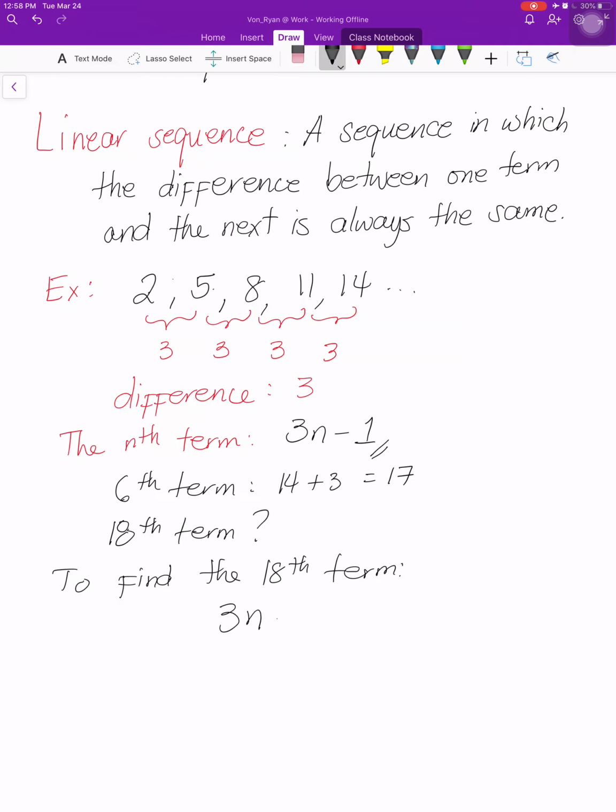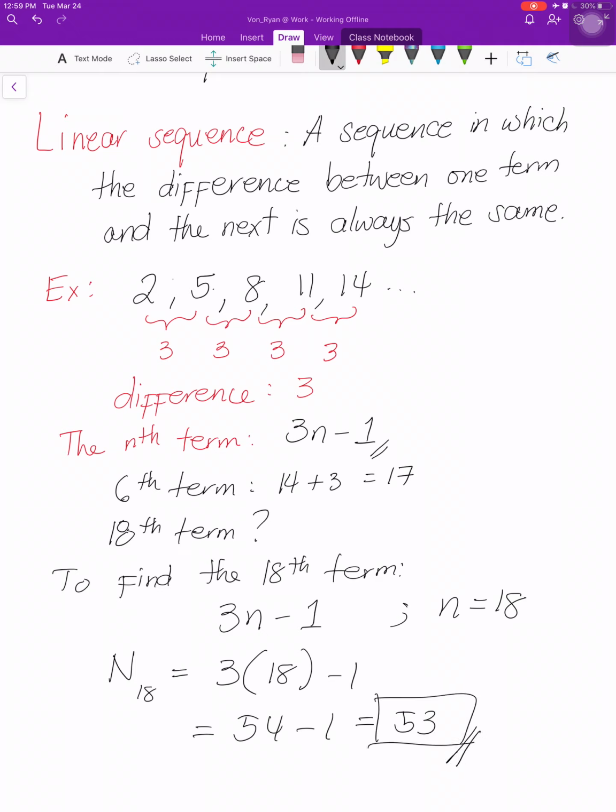If the formula is 3n minus 1 and you're looking for the 18th term, then n is equal to 18. So n sub 18 is 3 times 18 minus 1. 3 times 18 is 54, minus 1 is equal to 53, and that is our 18th term.